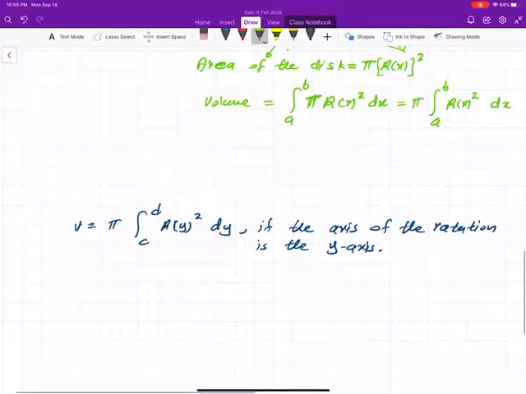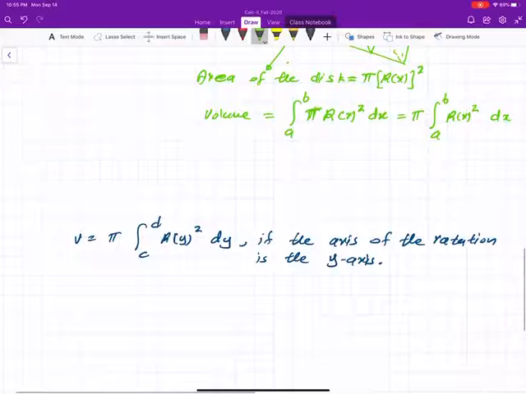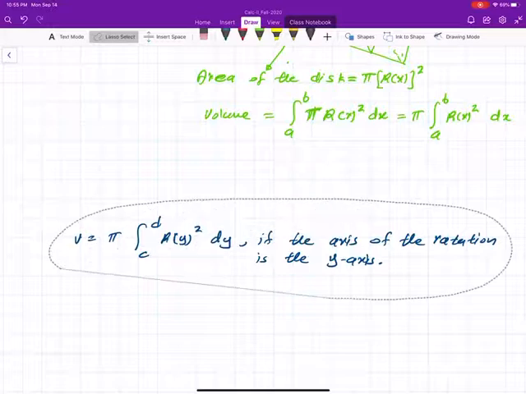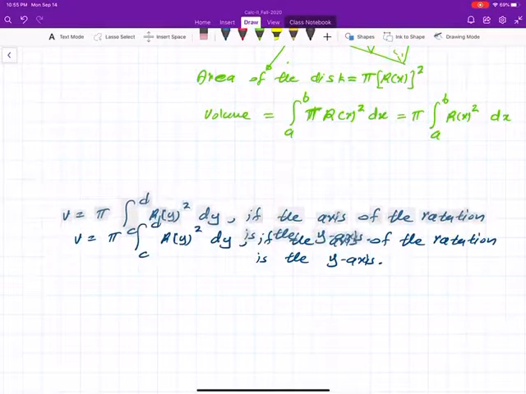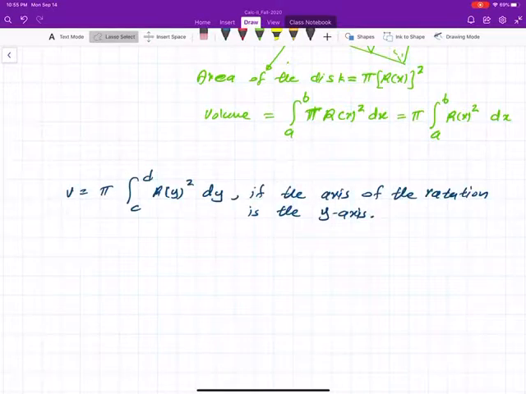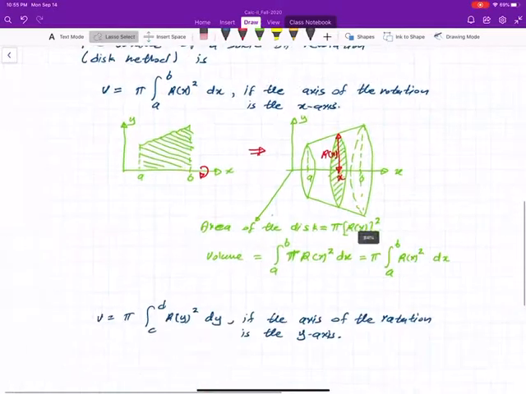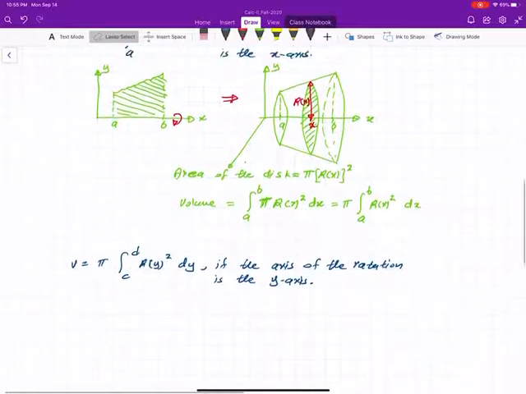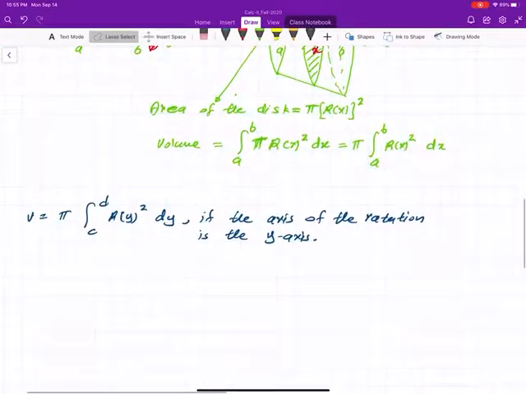In the next case, we have this volume the other way around. It is with respect to the y-axis. That is, you have something like this.